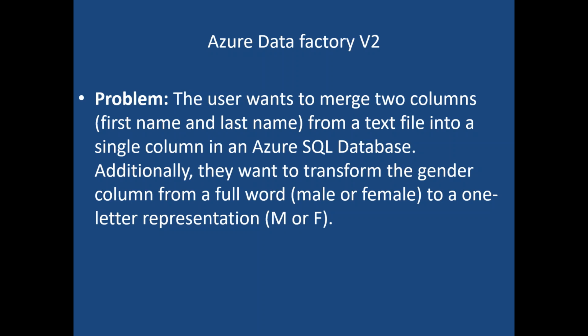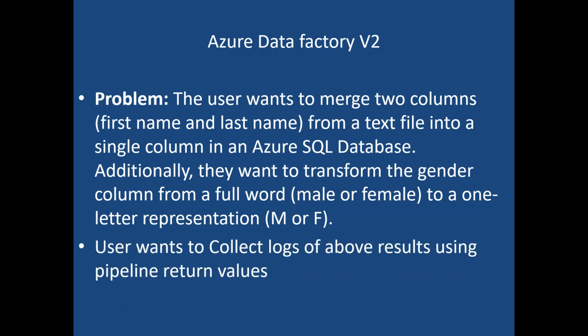Once we have done this using the single copy activity, the next thing I want to do is take whatever records I have read and copied into the target, all those details, from the copy activity and return them to my master pipeline, because this copy activity is used within the child pipeline. The child pipeline does the copy activity to copy all the required details: first name and last name merged and loaded into the full name column, and gender loaded as M for male and F for female into the SQL database.